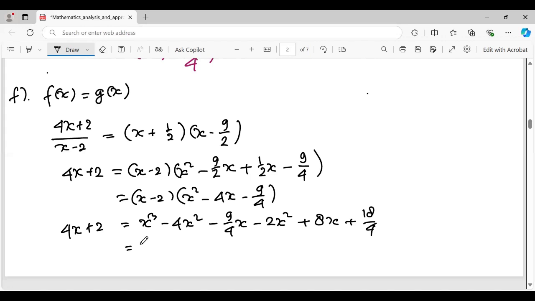So it becomes x cubed minus 6x squared, and then plus, okay, 8 minus 9 over 4 is 23 over 4, x, plus 18 over 4.